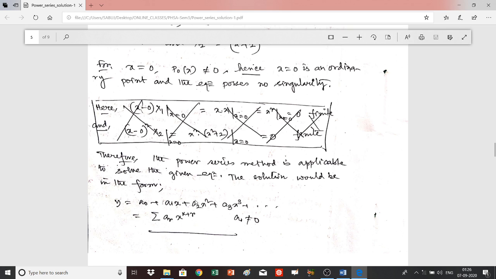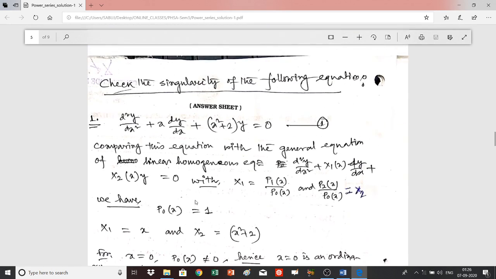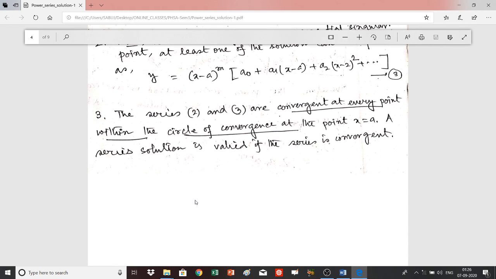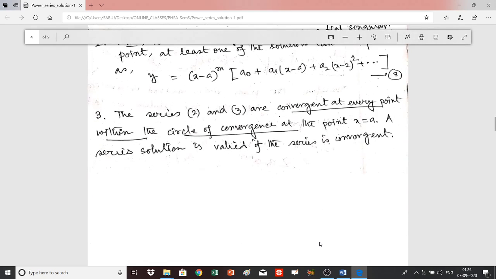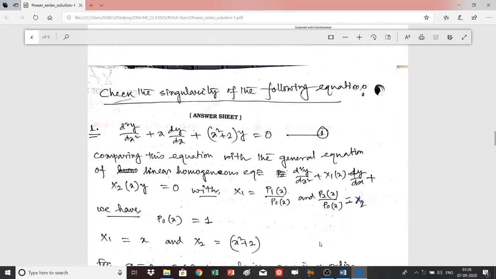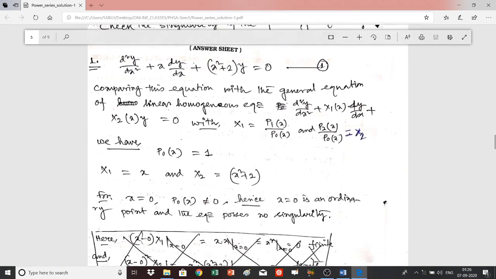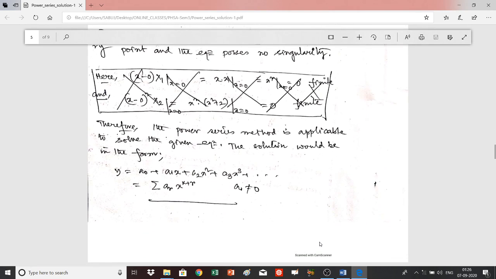So in the previous case, according to the Frobenius method, y can be expressed in this fashion: a0 plus a1 (x minus a) plus a2 (x minus a) whole square plus etc. Here a is equal to 0, so it should be a0 plus a1 x plus a2 x square plus a3 x cube and so on. That is, it can be expressed in this fashion as ascending power of x, where all the a0, a1, a2, a3, etc. are non-zero.